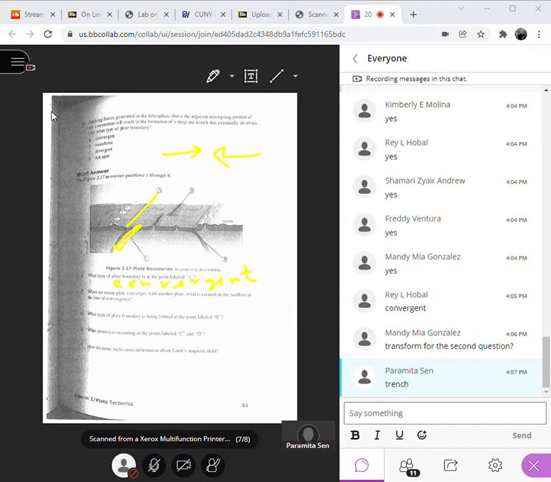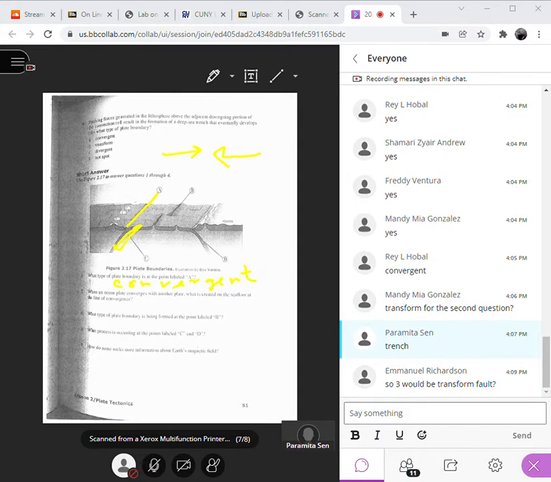Then Mandy's answer can be true now for the third question. Yes. 3 will be transform fault.